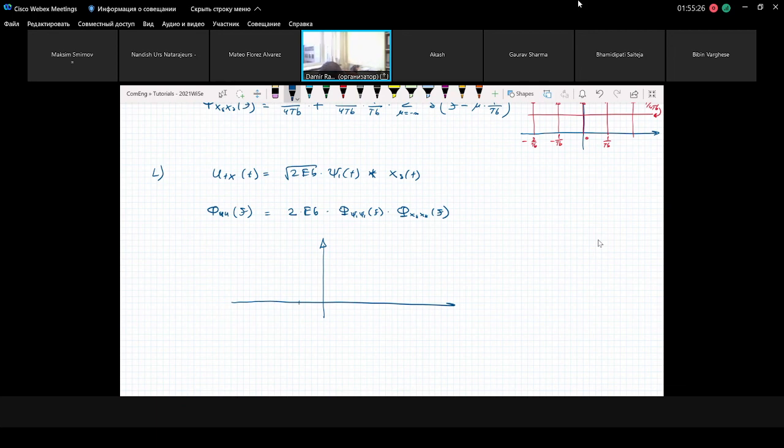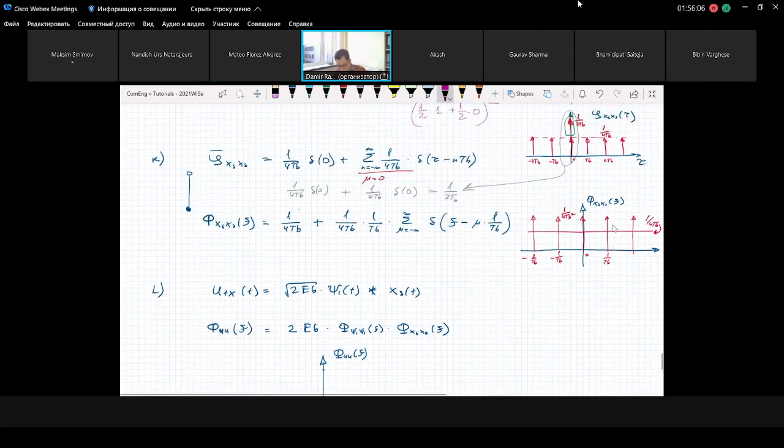So, 1, 2, 3, 1, 2, 3, 0, 1/TB, 2, 3, and so on. So what can we do? We just start with the constant level.